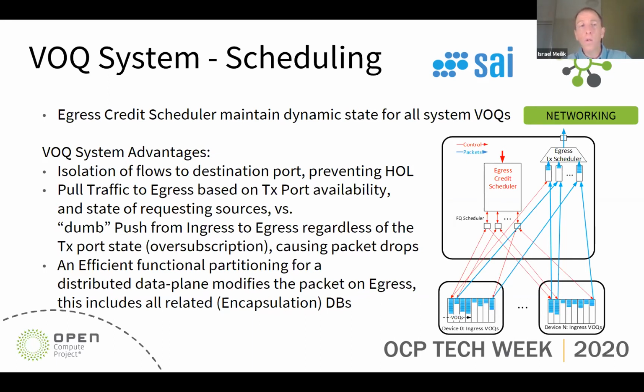And this is what we call a pull strategy, versus the typical push strategy used by simple or basic switches that push the traffic towards the destination, regardless of whether that destination is oversubscribed, or cannot send the traffic out because it is flow controlled or blocked or for any other reason. By doing so, we prevent packet drops and we prevent one flow blocking the other.